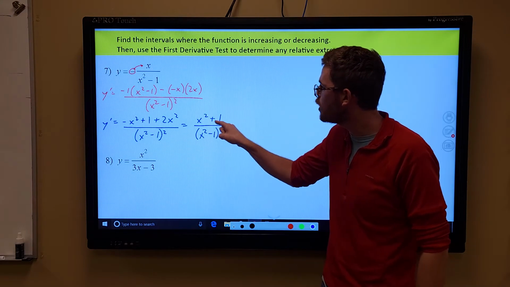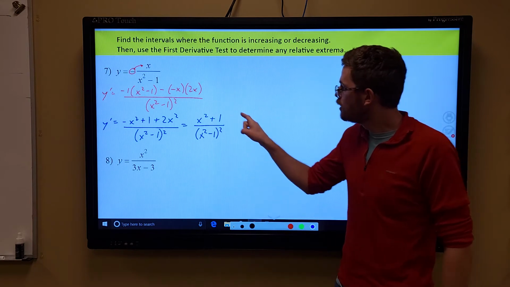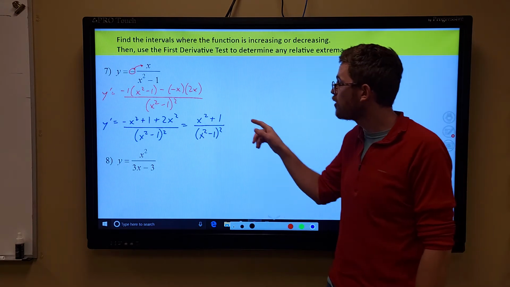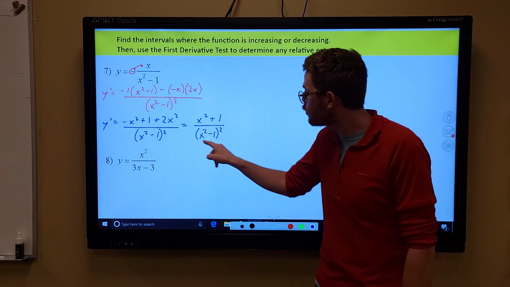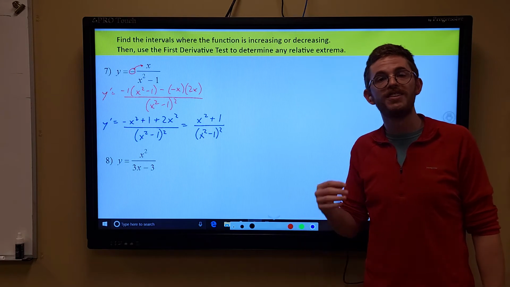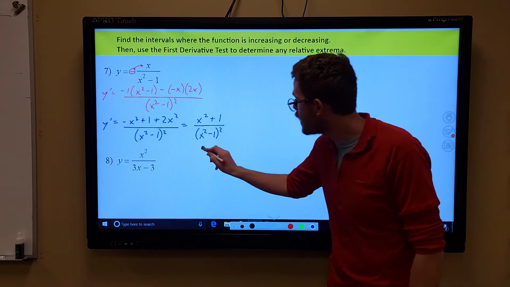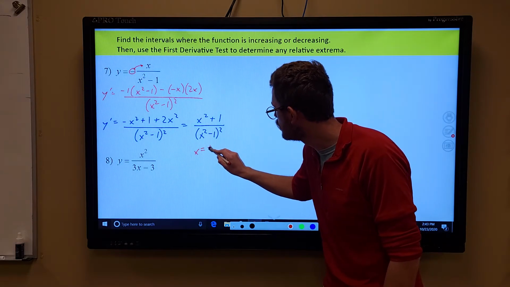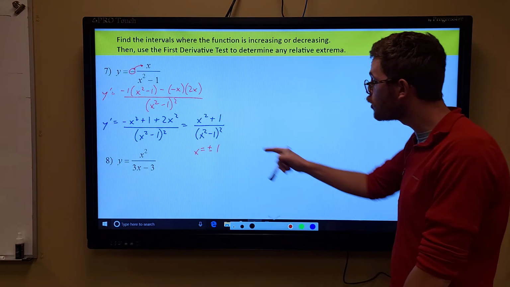Well, notice x squared plus 1 will never equal 0. So there are no critical values for when our first derivative equals 0. But we do have some critical values for when the first derivative doesn't exist. When do we get division by 0? At x equals positive and negative 1. We would get division by 0. So those are our critical values.